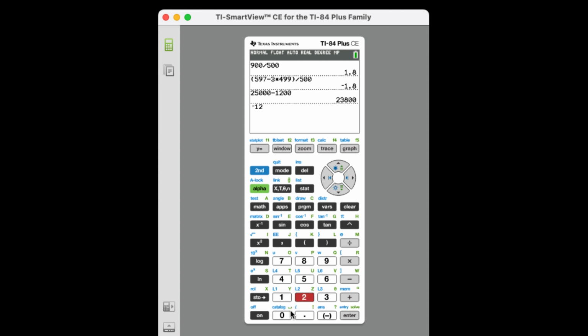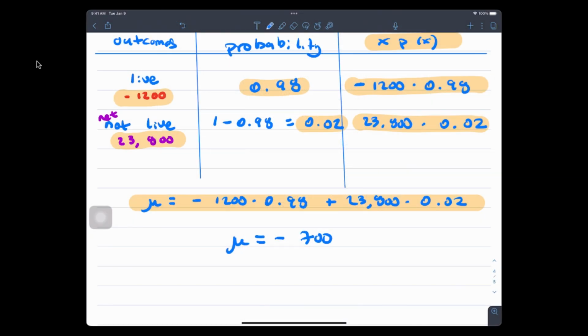You got to put negative 1,200 times 0.98 plus 0.02 times 23,800, just like I wrote it down, just so you guys don't freak out. What's the expected value? What is it? It's negative 700. Is that right? So what does this actually mean?